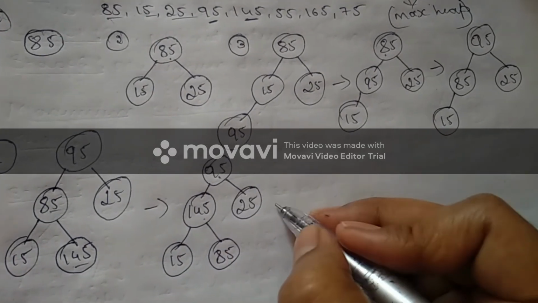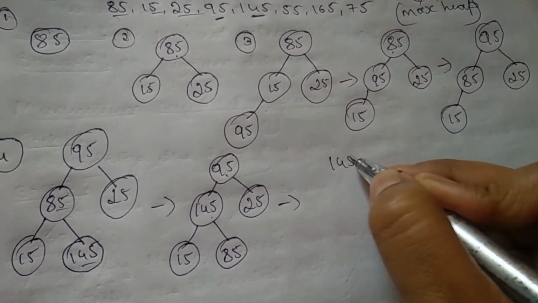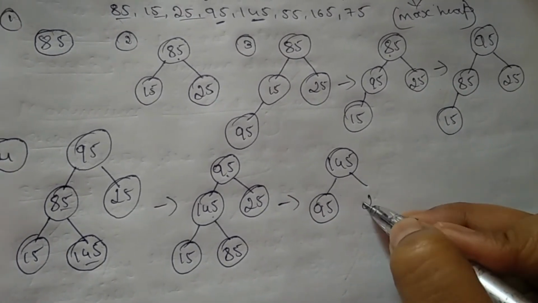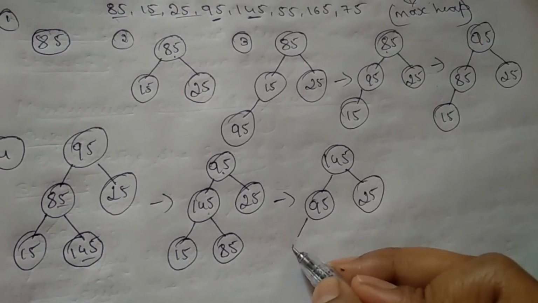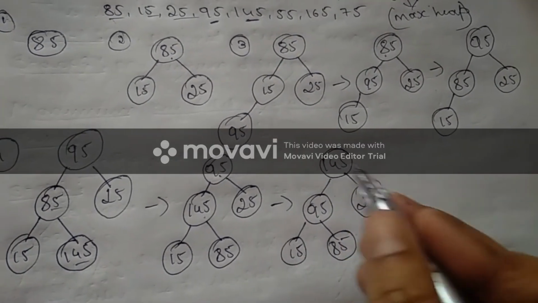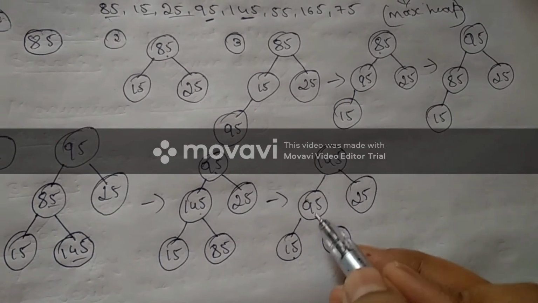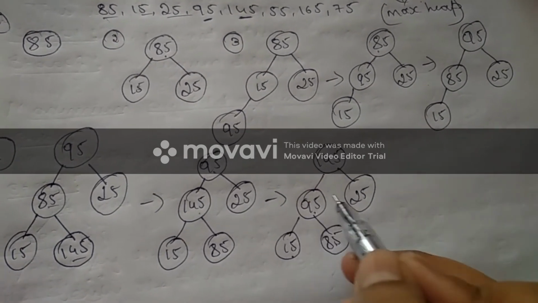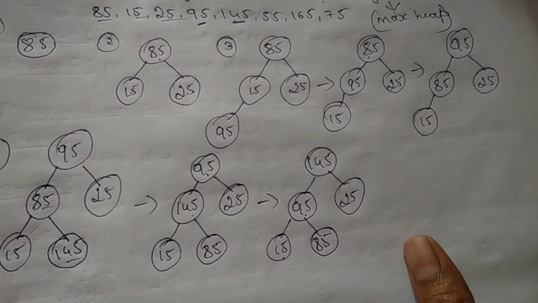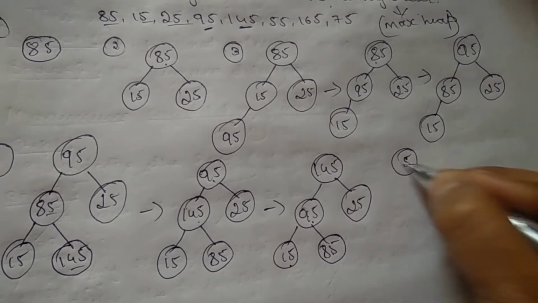Again 145 is greater than 95. So 145, then 95, 25, 15 and 85. Now it is satisfying the parental dominance because 15 and 85 are less than 95, and 95 and 25 are less than 145. Is it not? Next, I'll go for step 5.